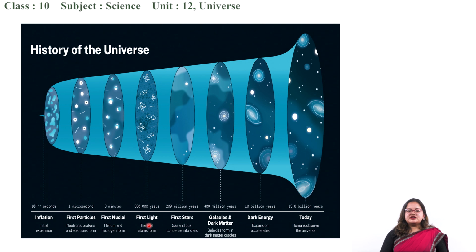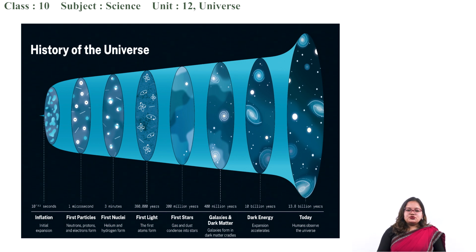So here you can see first light. First light means, in the present situation, we name it cosmic microwave background radiation. Previously this radiation was in the form of visible light at this state.